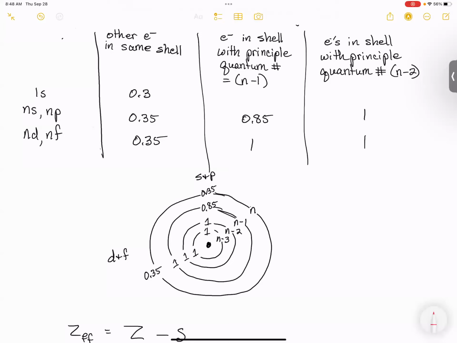In the third shell, that is n-1, every electron in the third shell, in this case, would have an impact of 0.85 if it's an S or a P. Or it will have a 1 if it's a D or an F.